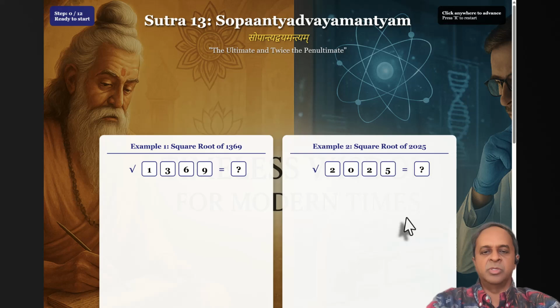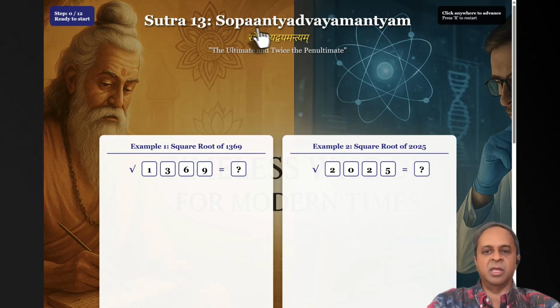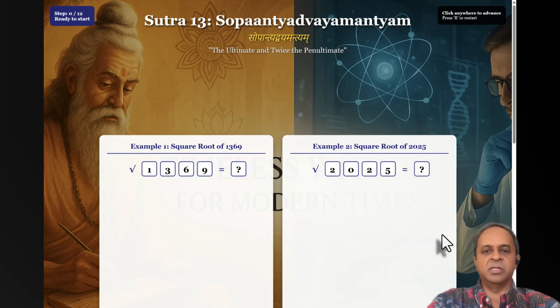Okay, so this sutra reveals a profound understanding of number patterns in perfect squares, right? The Sanskrit terms are quite descriptive. Antya refers to the ultimate or the last digit. And upantya is the penultimate or second to last digit.